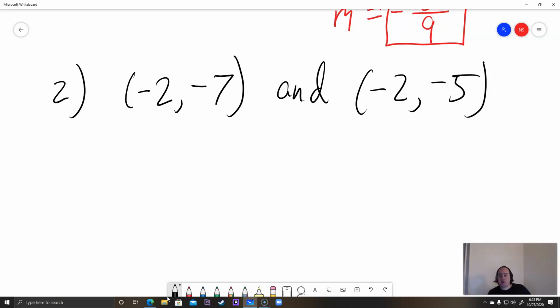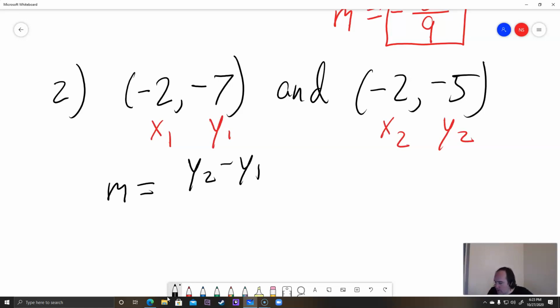Once again, you want to label your points x1, y1, and x2, y2, just to make it easy to plug everything in. Then write down the formula: m equals y2 minus y1 over x2 minus x1. Then plug everything in properly.